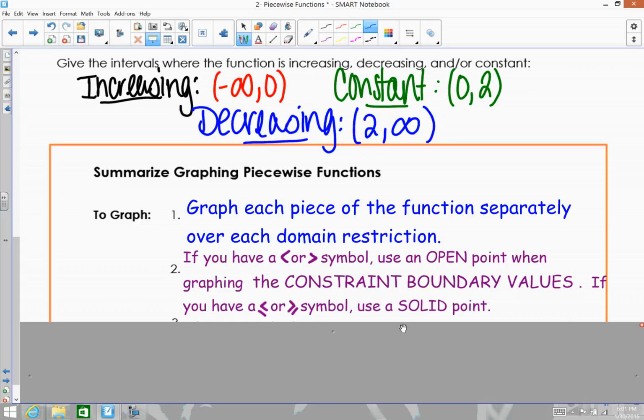So that's always going to be whenever you're graphing those constraint boundary values. So what I mean by that is when it says x is less than 0, at 0, you're going to use an open circle. If it says x is greater than or equal to 2, at 2 you're looking at a solid circle. So it just depends on whatever that number is in the inequality. That's what I mean when I say the constraint boundary value.